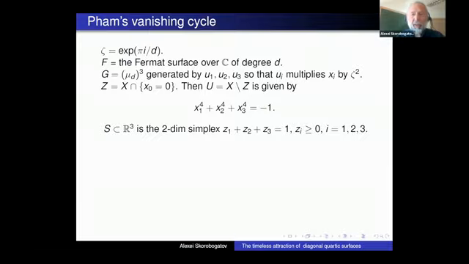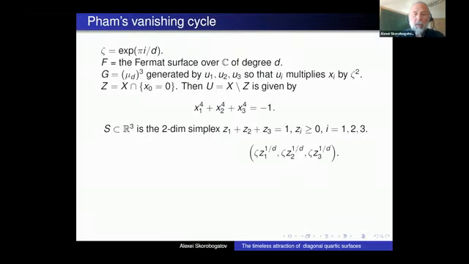Okay, so here's the construction of this basis in homology, which I referred to earlier. Let S be the standard two-dimensional simplex. So this is a subset of the three-dimensional real vector space, which is like this. That's the simplex we all know.